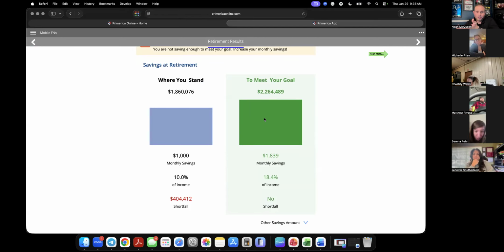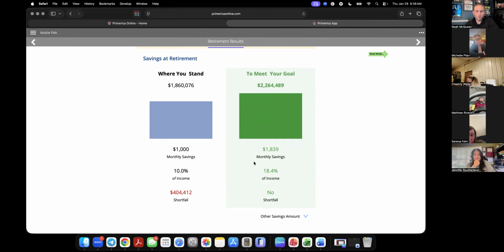And so if you wanted to close that gap a little more, it tells you right here, if we wanted to 100% stop at 67, we need to go from about 10% of your income to about 18, right? It's about 800 bucks a month difference. And Michelle, can you see how if we got you out of maybe some debt sooner and we freed up some more of that money, we can hit this number a lot easier?